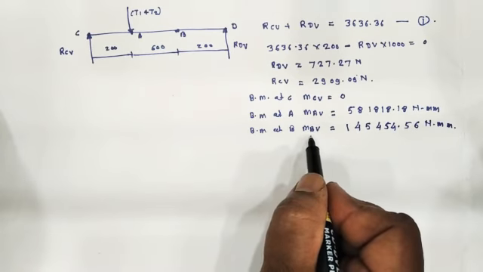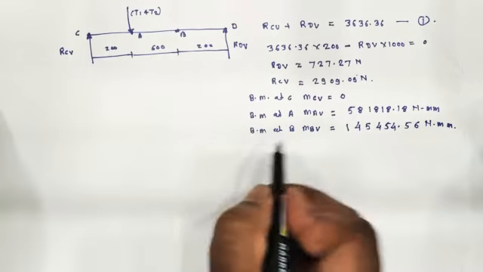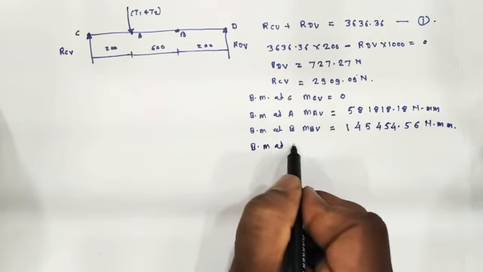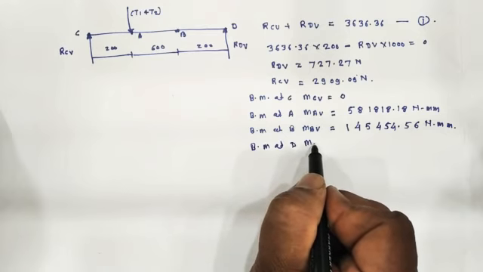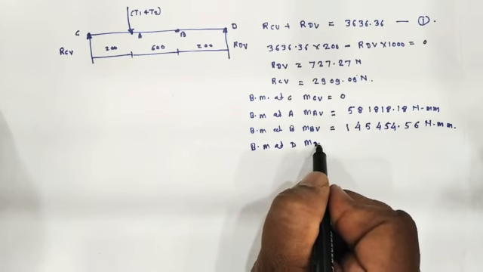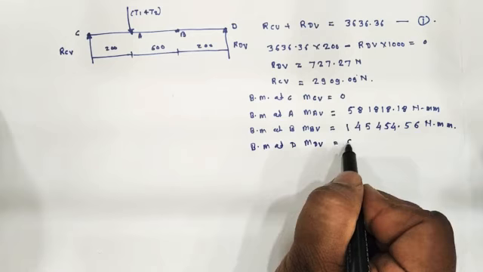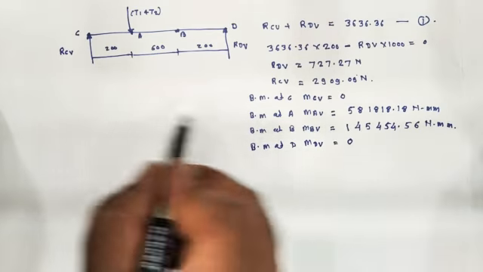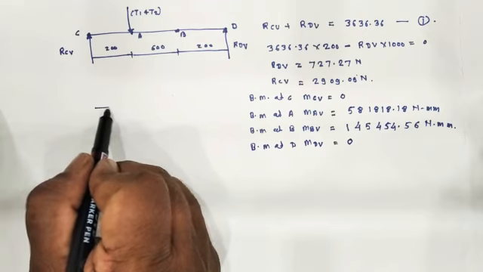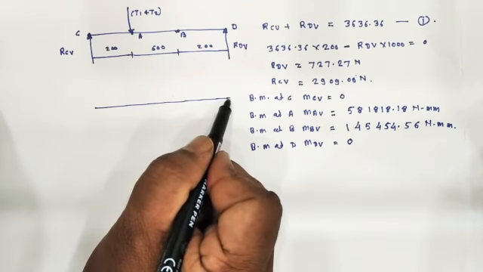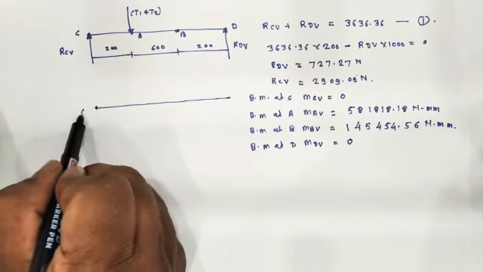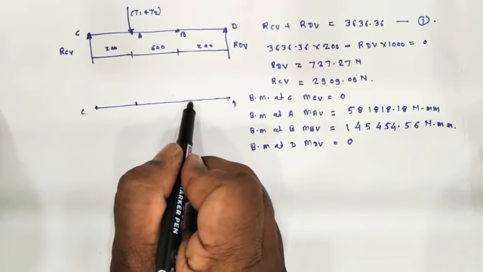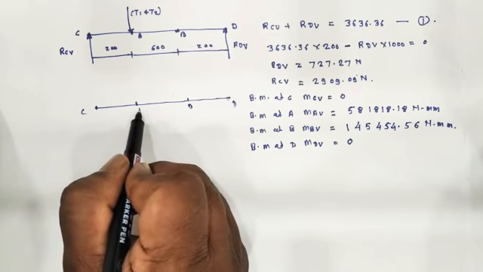This is the bending moment at B, and the last bending moment at D, MDV, is equal to 0. So we have calculated the bending moment at different locations, and with that we can draw the bending moment diagram. See here, this is the C point, this is the D point, this one is the A point, and this one is the B point.